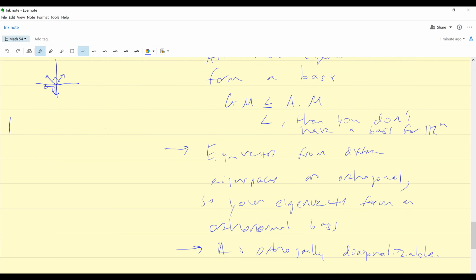Let me make a note here. Sometimes you do have to be careful when your eigenspaces have more than one dimension.